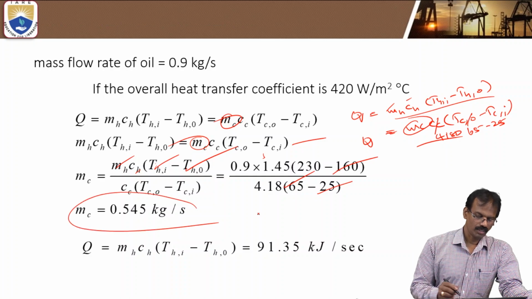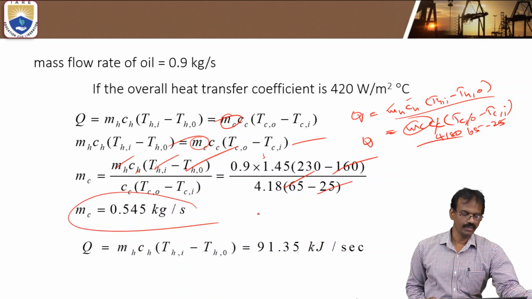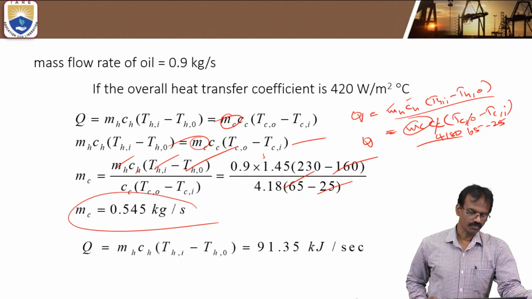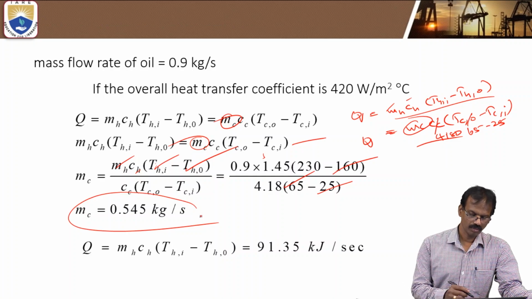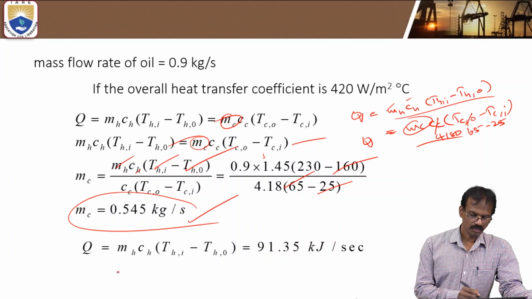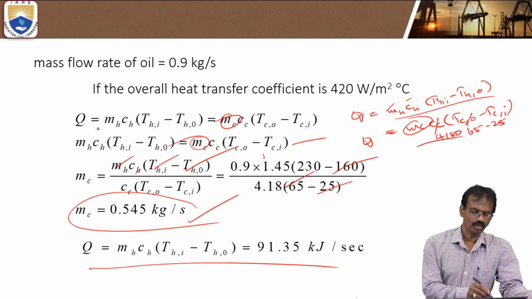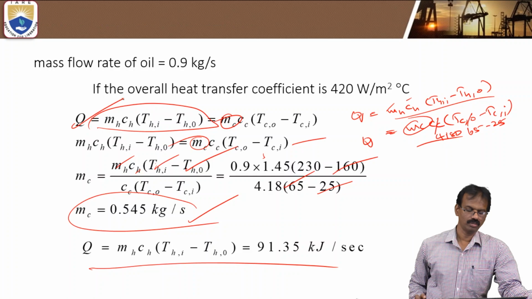Then you will get the mass flow rate of water mC is equal to 0.545 kg per second.